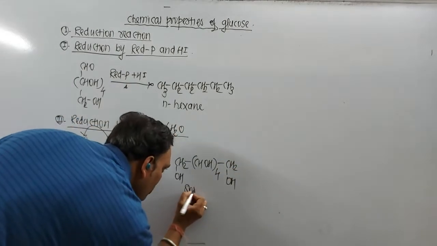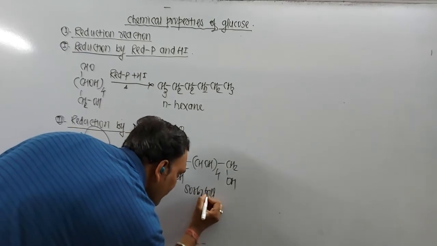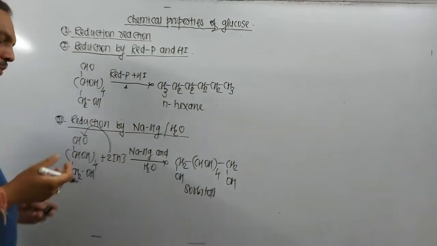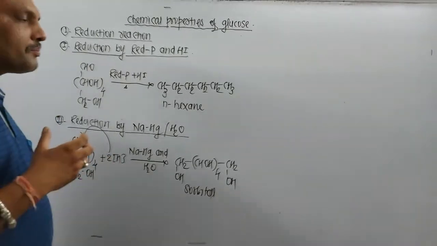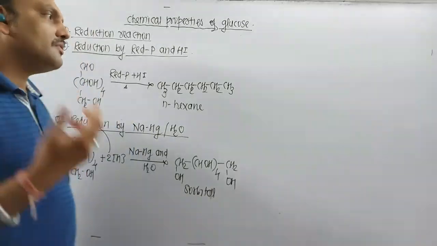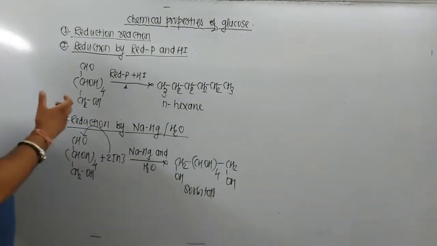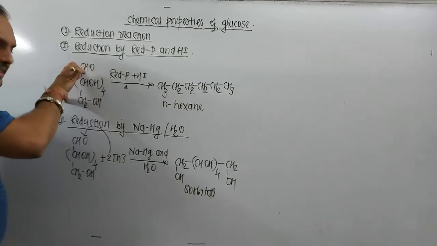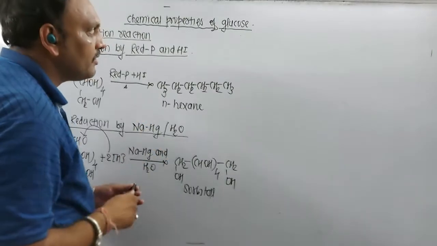So formation of sorbitol suggests that there is an aldehyde group which gets affected during the course of this. So in this manner, we can explain that glucose shows open chain structure first of all, and it contains aldehyde group as well.